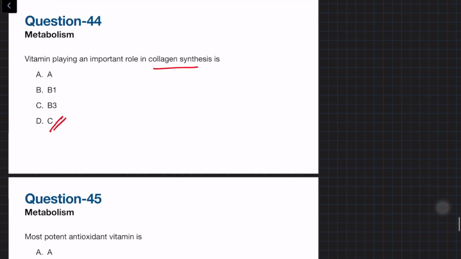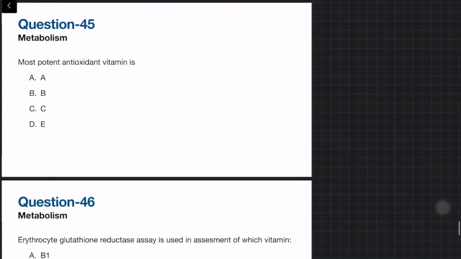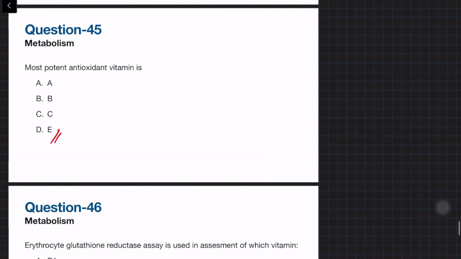Collagen synthesis, vitamin C. That's why we are using vitamin C serum in dermatology products these days. Because it increases the collagen, the wrinkles will not happen. Okay. Most potent antioxidant, vitamin E, also much used these days because it has an anti-lipid nature and is the most potent antioxidant.